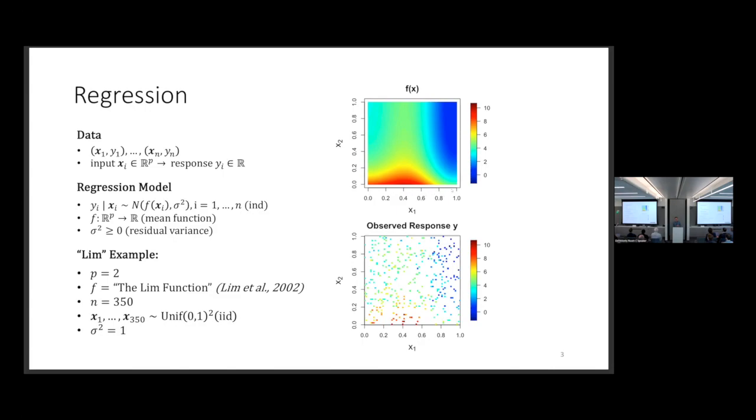We have 2 inputs, x1 and x2, and the mean function is shown in color. One of the main goals is to estimate this function given a noisy realization of the surface. That's shown on the bottom right here, where we have our observed response that is centered at the mean function but has a residual variance.